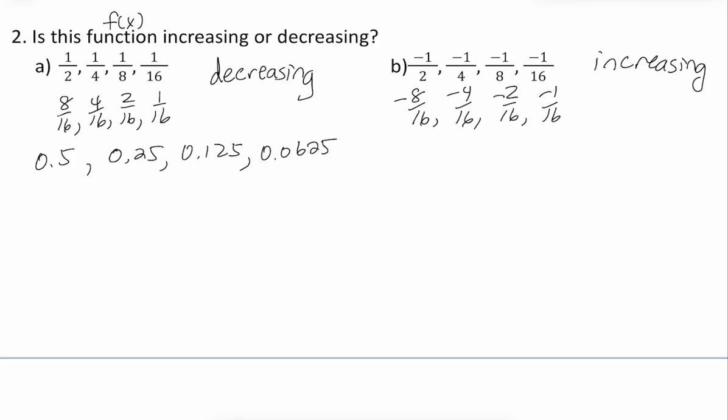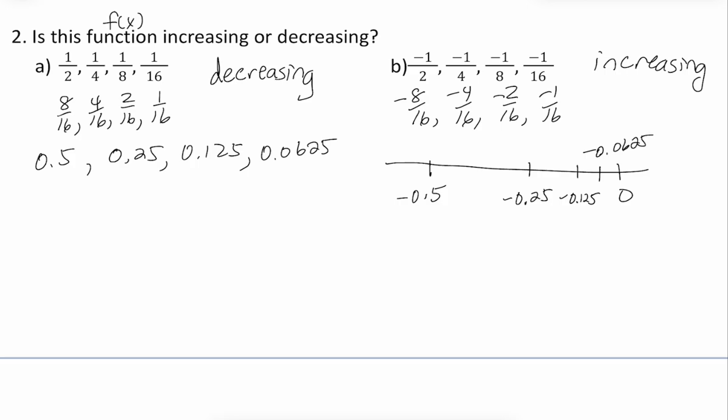If we look at them on the number line, here is negative 0.5. Let's put 0 on there. Here is negative 0.25. Here is negative 0.125. And this one is negative 0.0625.